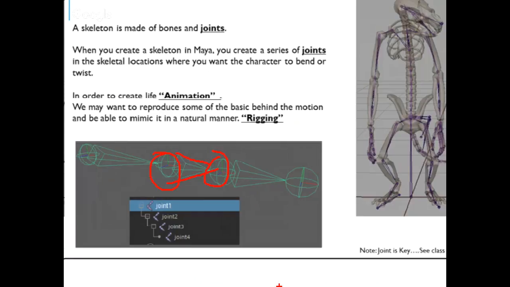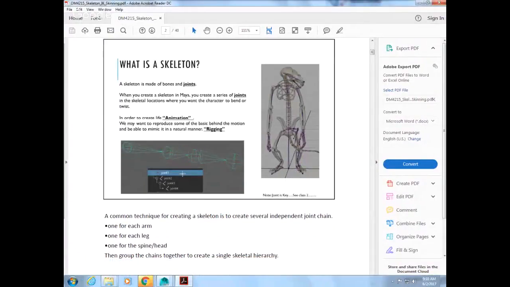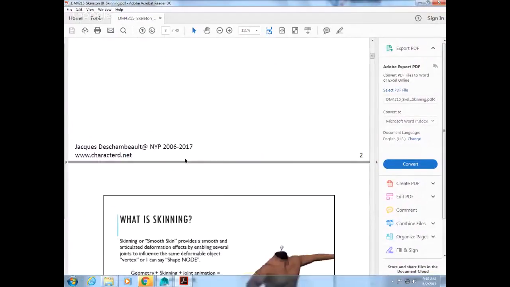You create the first one, the second one, the third one, the fourth one, and they are already parented. That is the advantage of the skeleton over a group or a null. They already come parented, and each of them has a pivot. So that's why they are useful. I think there should not be much question about that.